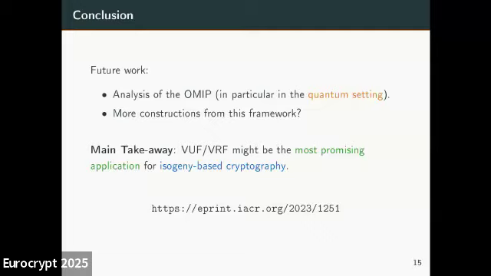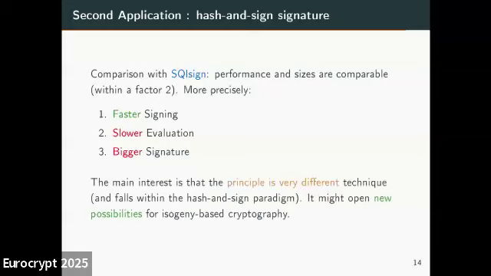When I say the time is within a factor 2, it's not extrapolated from my implementation, but just when you look at the operations you need to do, it looks like you have a little less than twice fewer operations for signing, a little more than twice more operations for evaluation. And the reason why I don't have a fully optimized implementation is because the characteristic is a little bit different.